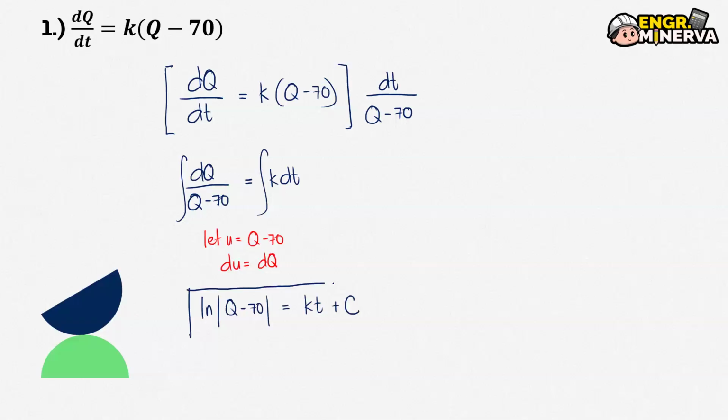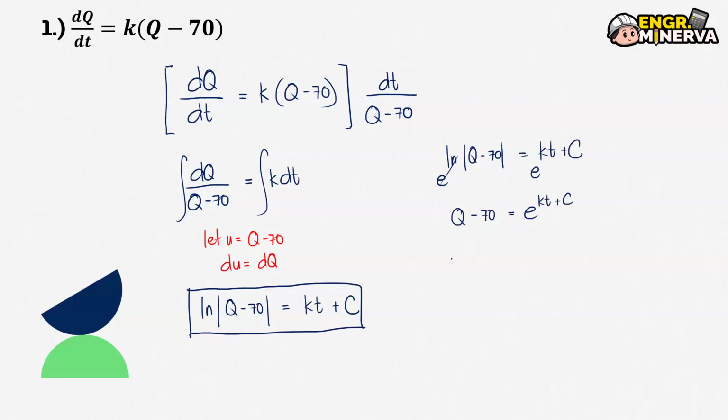But if you want to isolate your dependent variable q, we can do so by using the exponential function. We have ln of q minus 70 equals kt plus c. If I raise e to the whole equation, that would be q minus 70 equals e raised to kt plus c. This could also be e raised to kt multiplied by e raised to c.